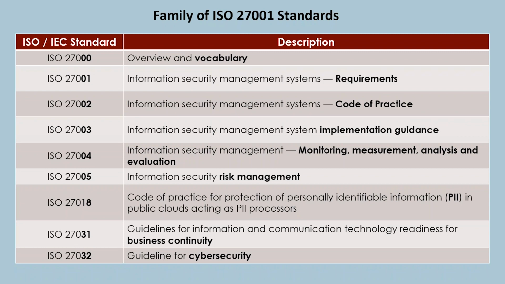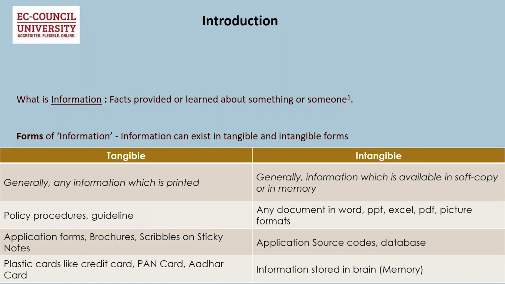So it covers the guidelines for information and communication technology. 27032 covers the guidelines for cybersecurity. So these nine standards are the family of ISO 27000 standards.